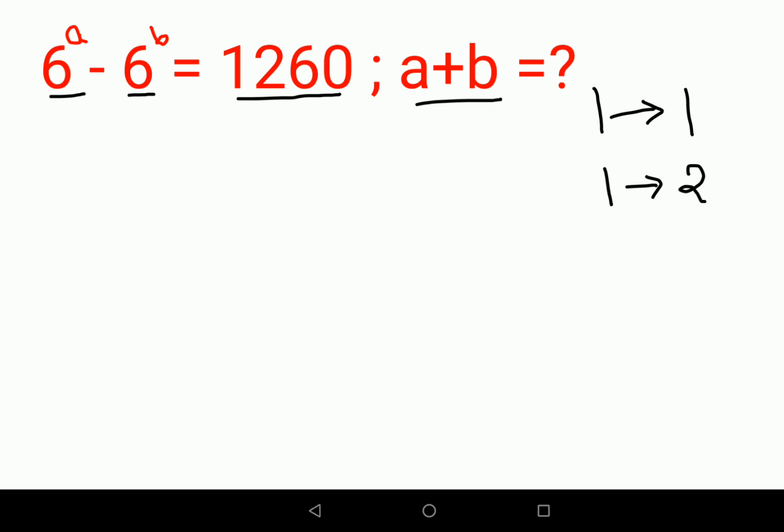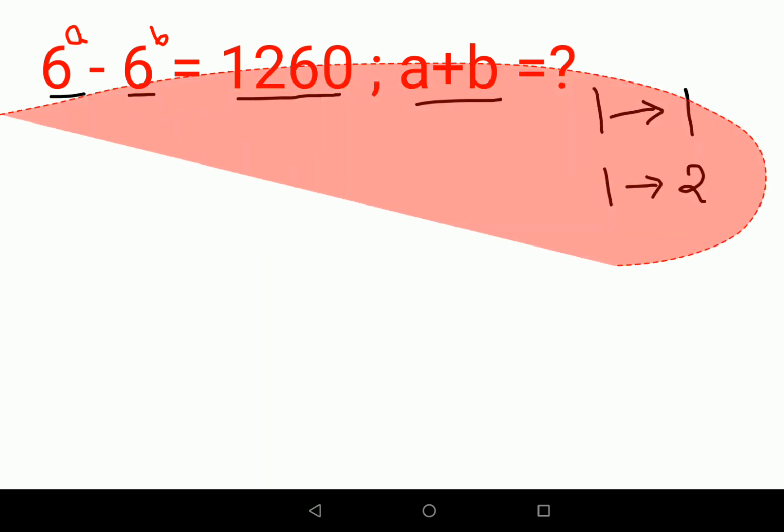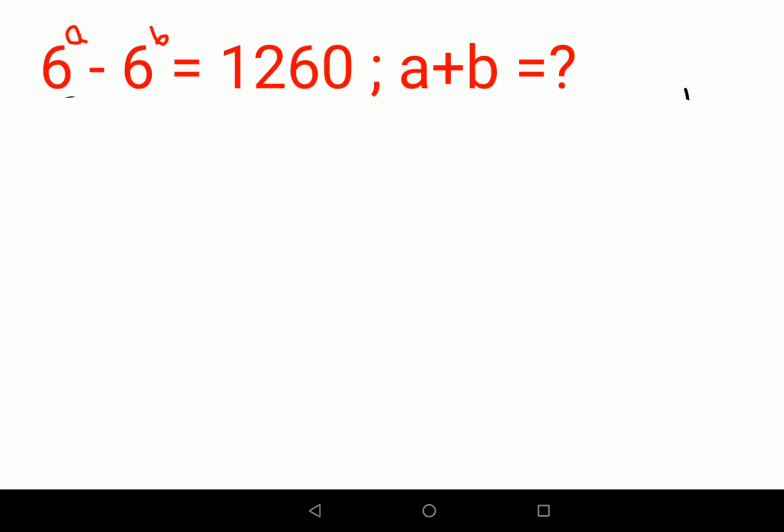So in this case, what you should be doing is paying attention to your RHS. If you look closely, your RHS is a positive number. So if this is a positive number, it means the subtraction over here also has to be from the bigger number to the smaller number.